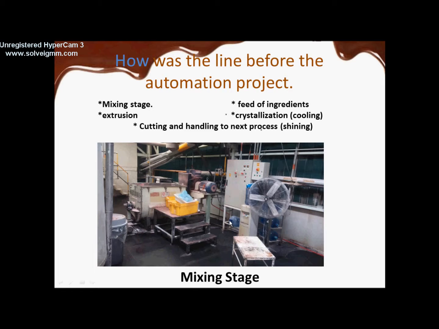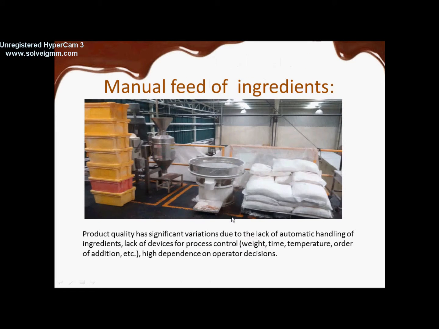Here, as you can see, the mixing stage was very manually done. Here the worker put all the ingredients and the mixer was turned on and the mass was produced. Then in the manual feed of ingredients stage, all the other ingredients were put here manually.